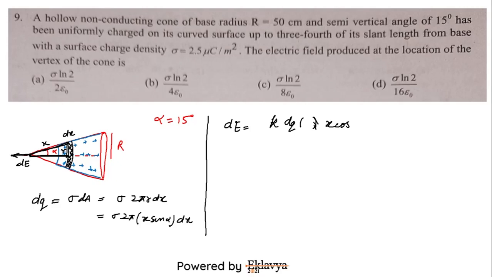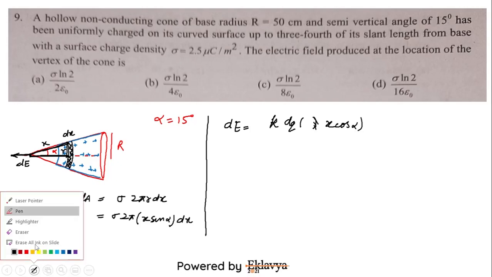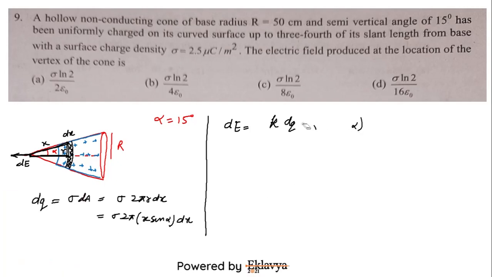So this distance will become x cos alpha. Okay, let me erase. Okay, so this distance will become x cos alpha divided by root of x square plus r square raised to power 3 by 2. That means we get cube of this distance, which is right now x only.